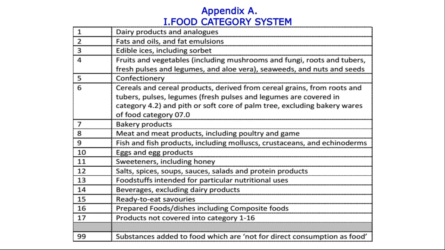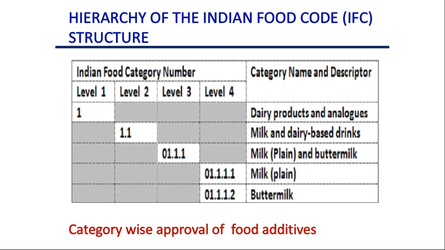So almost any food can be fitted into one of the categories listed in the Indian Food Code. In the Indian Food Code, there is a hierarchy, as I have said.